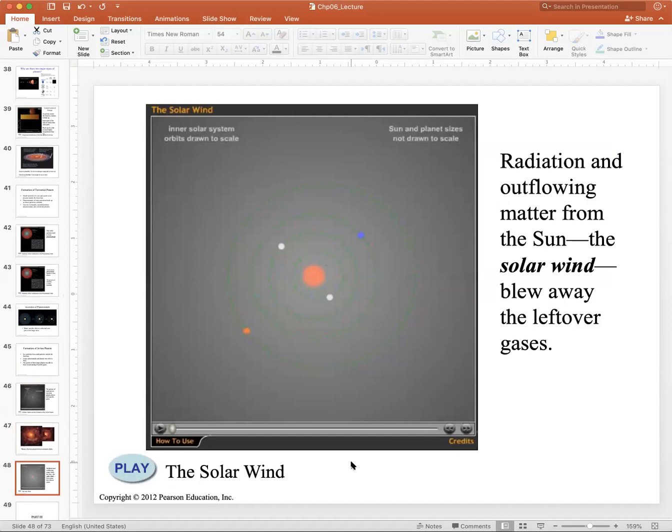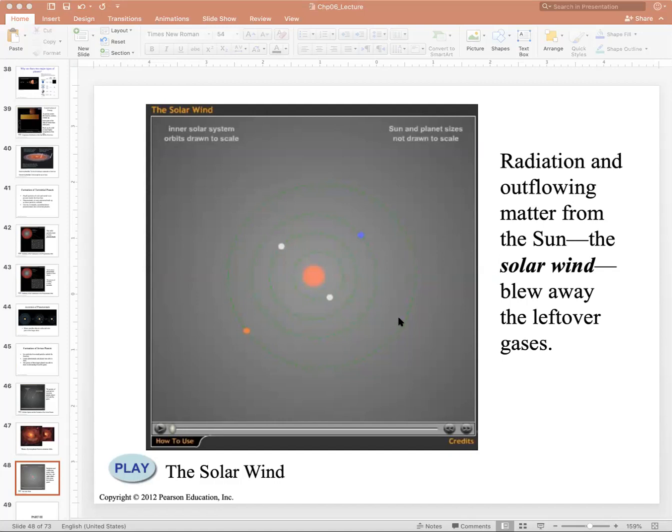And then once the solar wind starts, in the solar wind, all these highly charged particles that are going insane start from the central star and move out with a high velocity. And that's one of the reasons that Mars doesn't have that thick of an atmosphere right now, because the solar wind blew away its atmosphere.